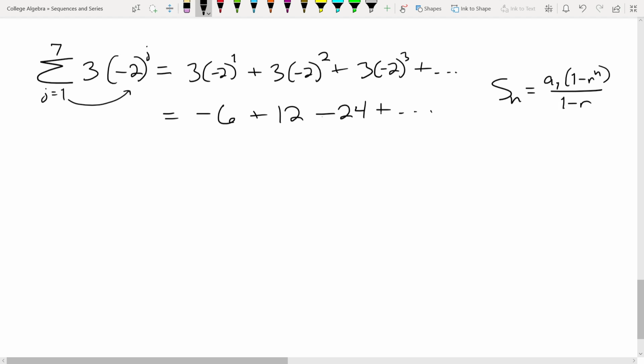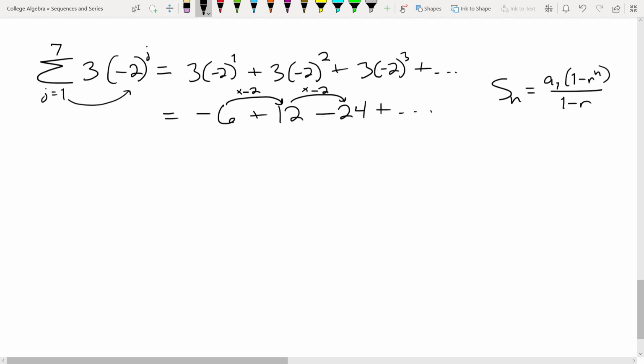As long as we encode the right information, this formula will still work even though it's alternating. And that correct encoding happens with how do we go from -6 to +12? What are we multiplying by? We're multiplying by -2. And to go from +12 to -24, that's again a multiplication by -2.